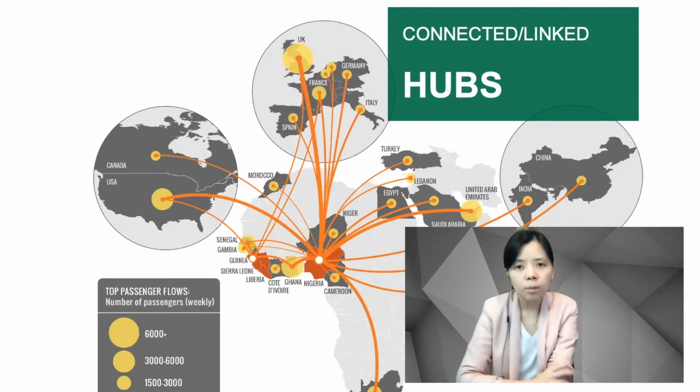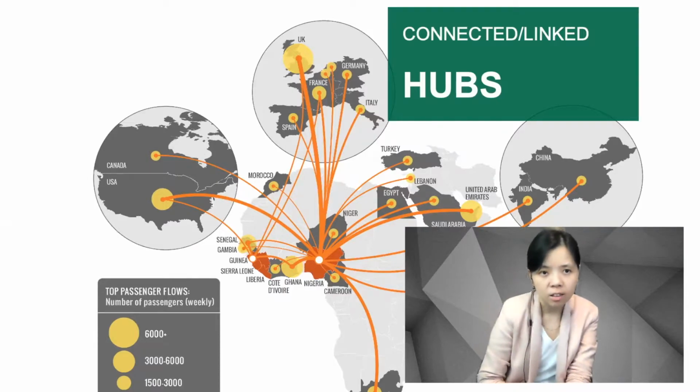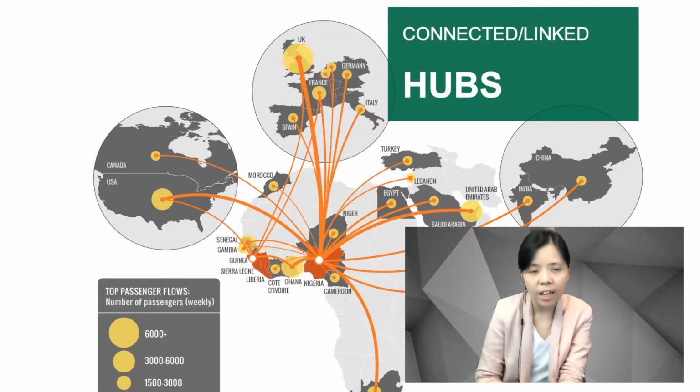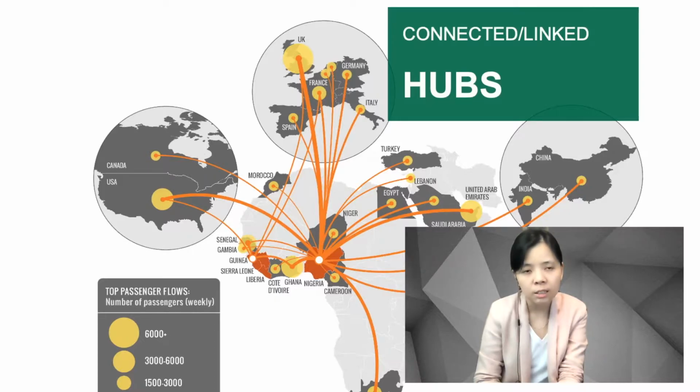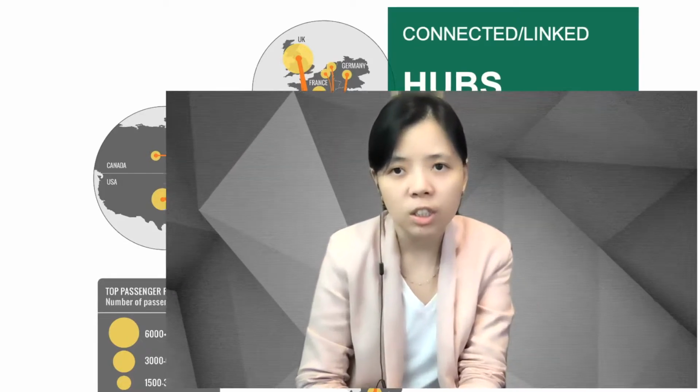So these hubs are conveniently connected with the advanced technology and transportation systems that we have. It allows people, plants, and animals to mobilize from one hub to another very conveniently.